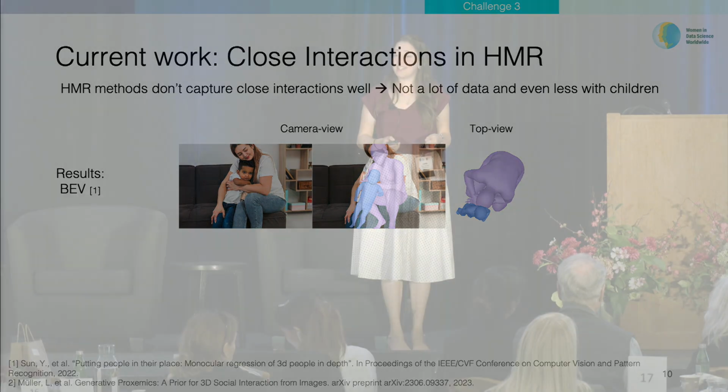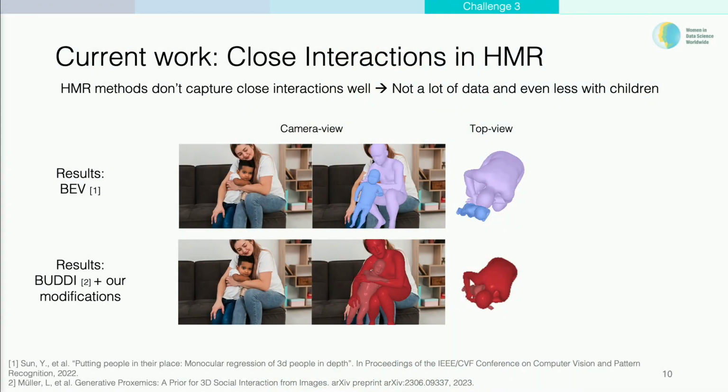There's not a lot of data in this space, and even less with children. So we're trying to set up a whole data annotation pipeline and system to have this happen. This is a preliminary result of our method, and it modifies somewhat an adult-adult interaction method, but it focuses on how we can think of these as separate interactions.